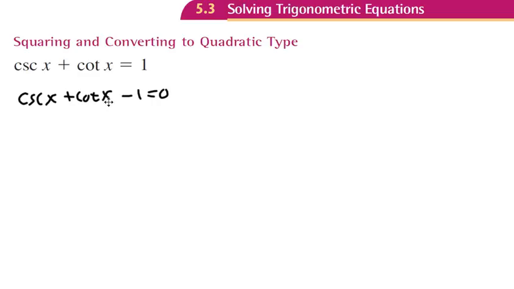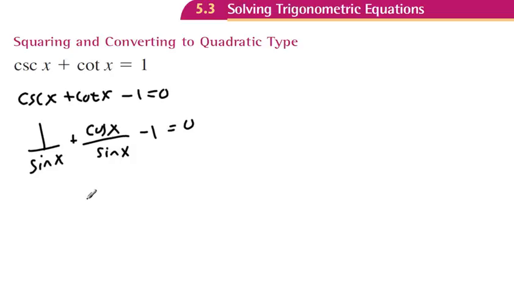And another way, which I'm going to show you right now, is a little intriguing. It's not something you would very commonly do, but just bear with me here. Cosecant is the same thing as 1 over sine of x, and cotangent is cosine of x over sine of x, minus 1 equals 0. So we're trying to find 1 over sine of something plus cosine of something over sine of something, minus 1 equals 0.